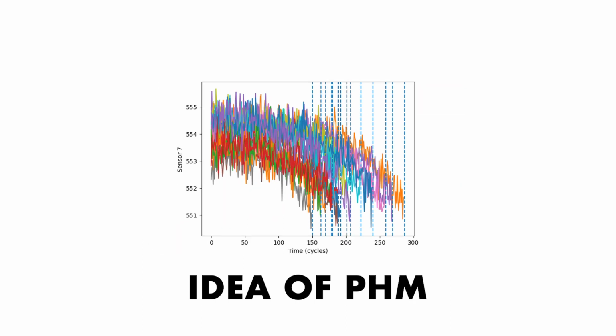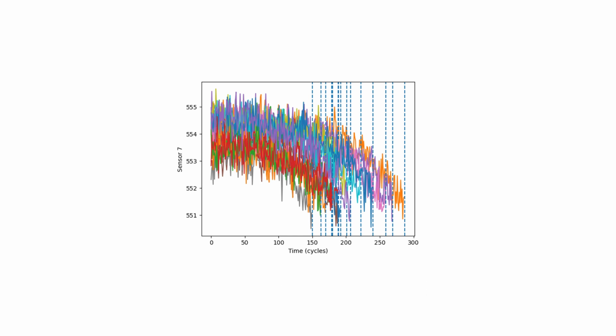And all of these condition monitoring signals are going downwards, showing us degradation over time. And we can use those trajectories, we call them trajectories, to be able to forecast the future and to say, are we in failure and when are we going to be in failure? And that is the idea of prognostics and health management and predictive maintenance.